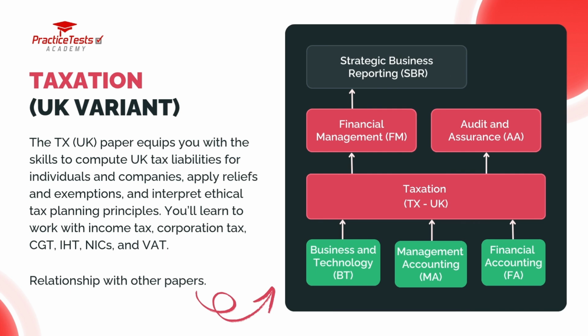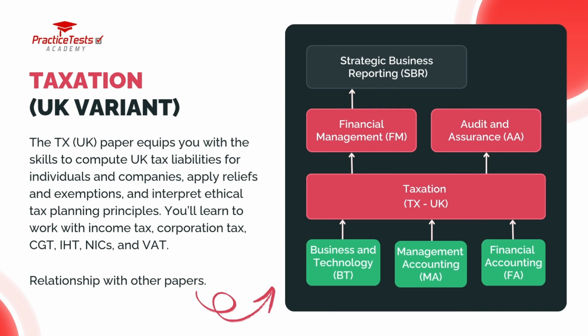Now, where does tax fit into the ACCA journey? It builds on the concepts that you've covered already in applied knowledge level papers. So BT gives you the business context, MA helps you understand financial decision making, and FA introduces you to core accounting principles which are essential for understanding taxable profits.